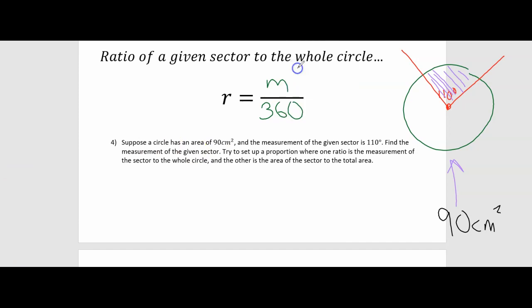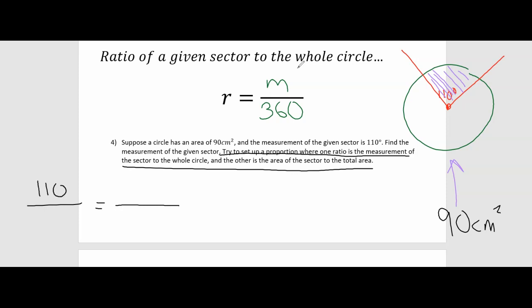Okay, so let's set it up based on this proportion that they mentioned. A proportion is just one fraction equaling another, right? And then we can usually cross multiply to solve. So one of these ratios is going to be the measurement of the sector to the whole circle. The measurement of the sector is the angle measurement, so 110 degrees of the sector to 360 degrees of the entire circle.